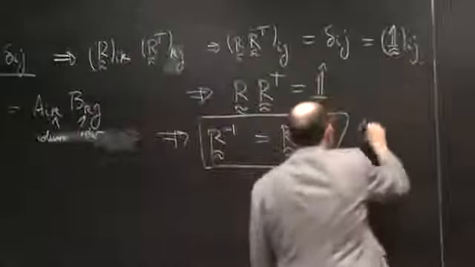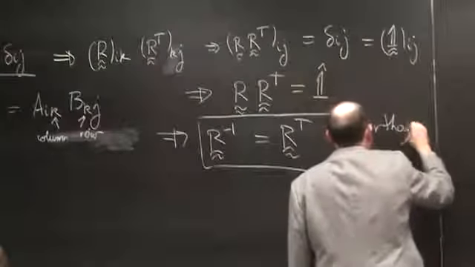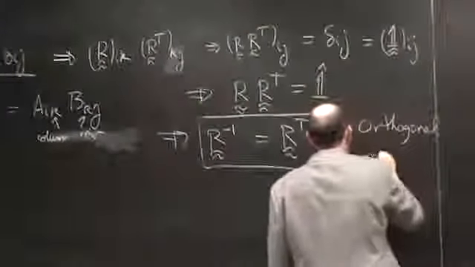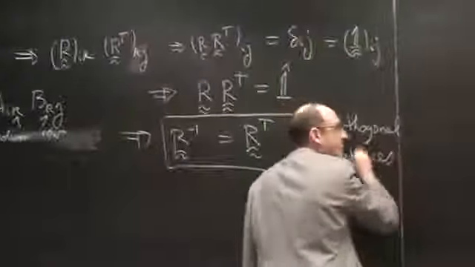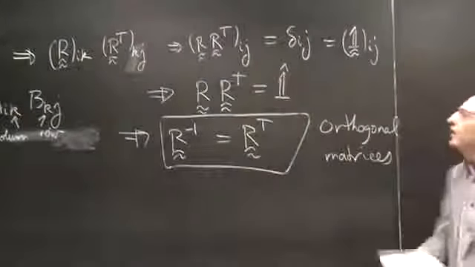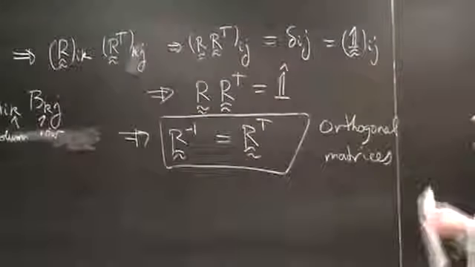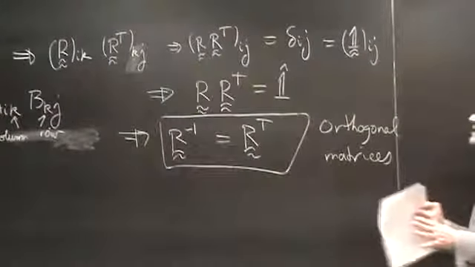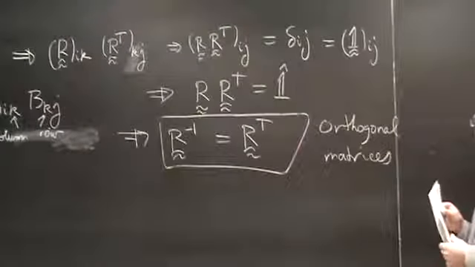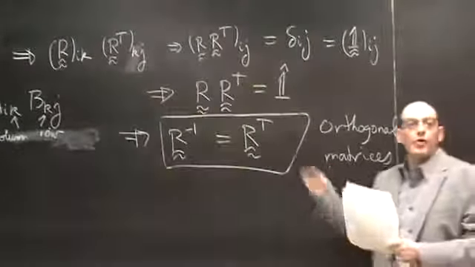And matrices that have that property are called orthogonal matrices. So if the matrix transformation preserves the inner product of Cartesian space, then it must be an orthogonal matrix.